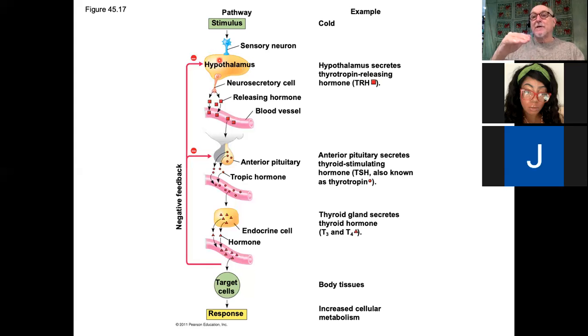And as the blood temperature begins to rise in response to increased cellular respiration, it stops secreting the releasing hormone. So as it stops releasing, it stops stimulating the pituitary. Pituitary stops stimulating the thyroid, and the generation of high temperature stops.